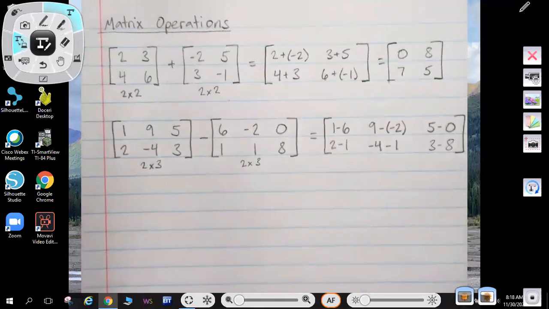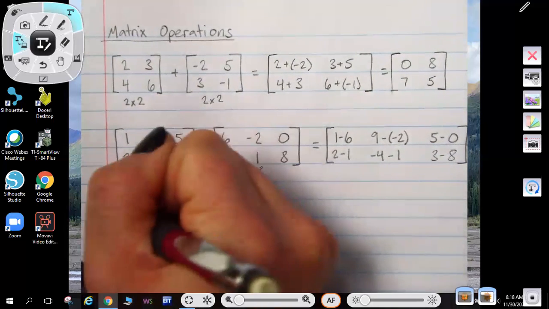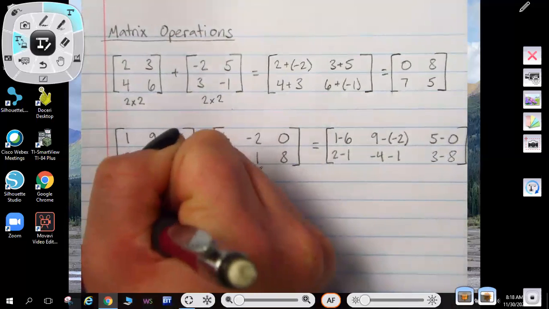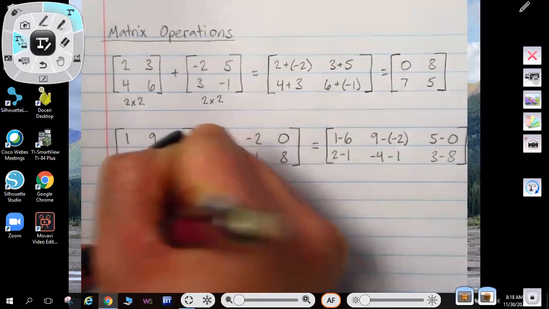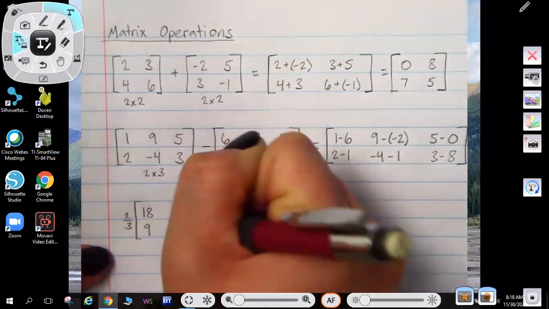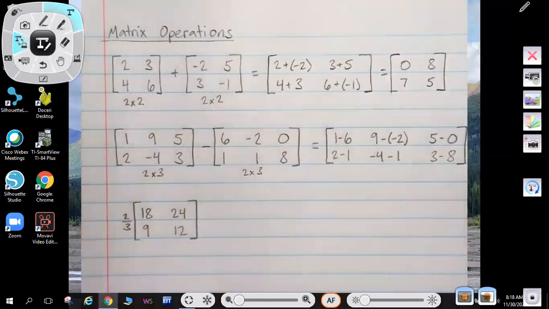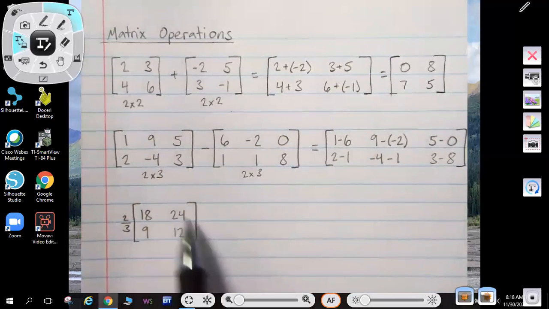Before we move on to multiplying matrices together, first we're going to look at this. We're going to take 2/3 times this matrix.